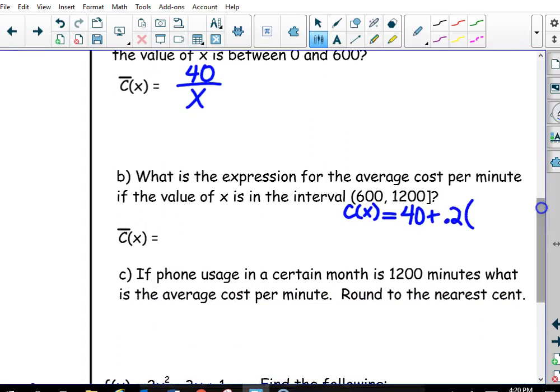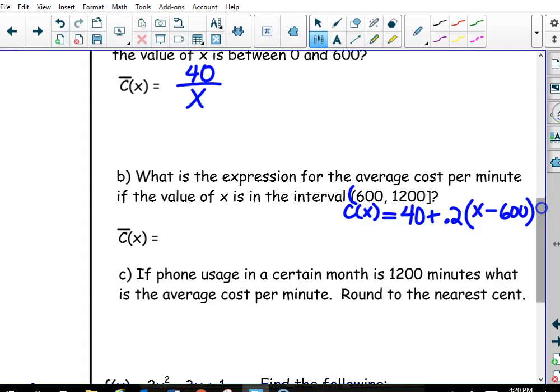for every minute that's over 600. So X has to be over 600 because it doesn't include 600, so we won't have a 0 there, minus 600. So if you plug in an X between 601 and 1200, this will give you your total cost.